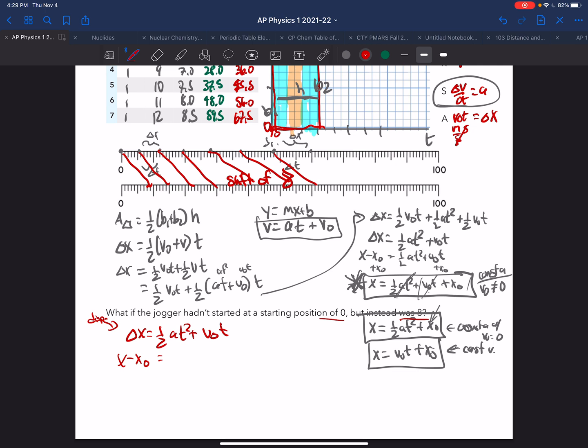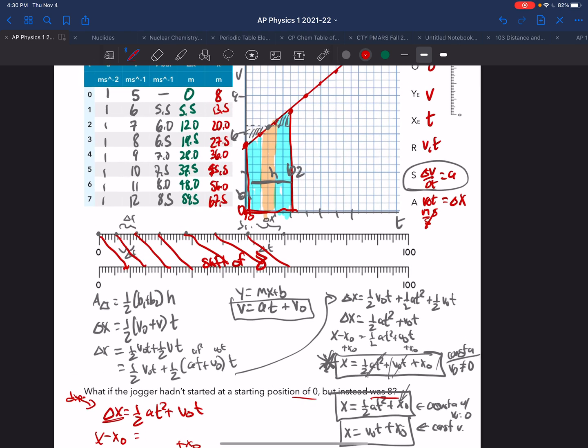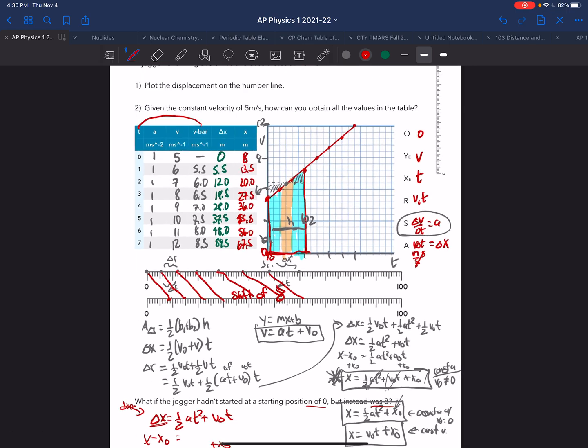And so if we add x0 to both sides, we end up with a formula that will give us the actual instantaneous position as opposed to what the change is. So whenever we have a displacement, we can find the instantaneous position by simply adding in the initial position.